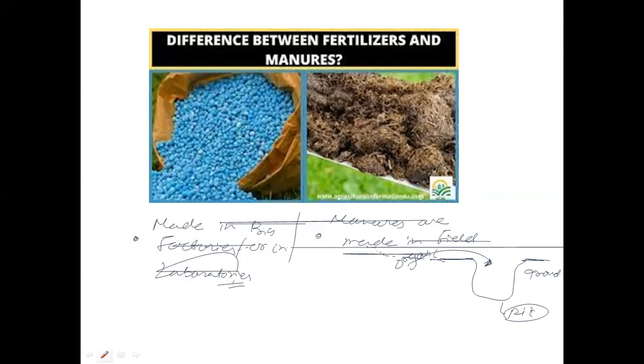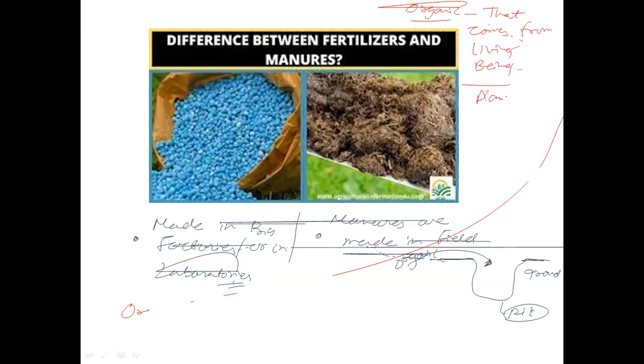Now, to understand organic waste, you need to know the term organic. What is organic? Whatever is associated with life, that comes from living beings. It may come from plants or from animals.